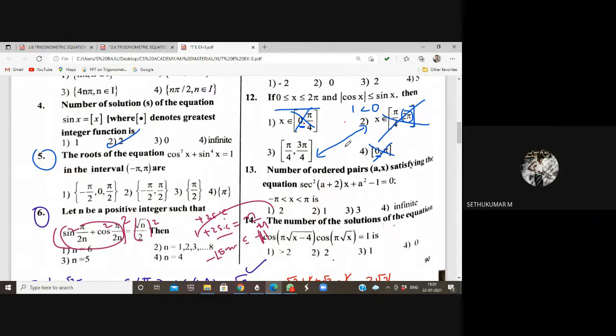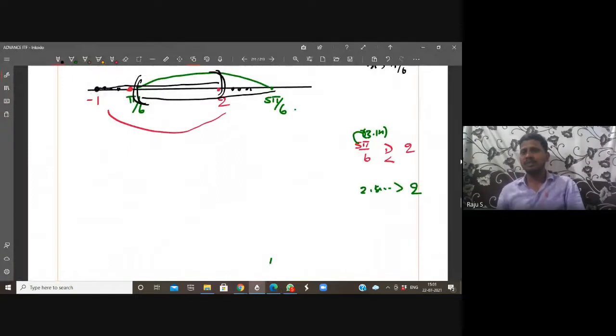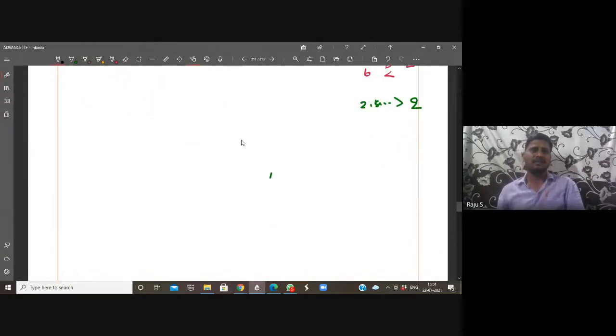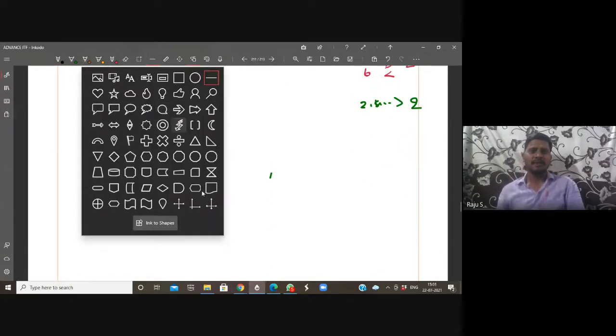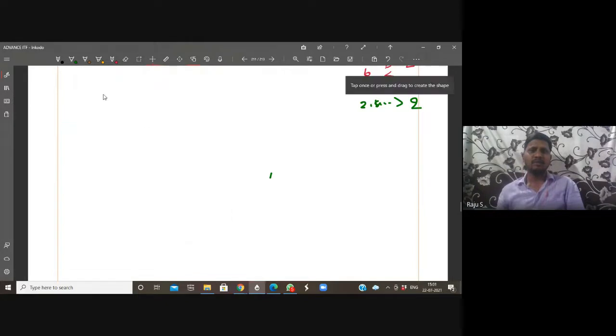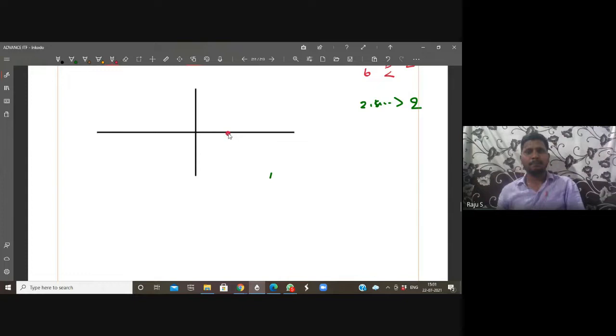Friends, even if you have doubt, you can draw the graphical representation. When you see the graph of both the functions, see here, sine, here pi by 4. Somewhere here in between, 90 will be there. Here 3 pi by 4, which means 135. When we see the graph, sine becomes 1.